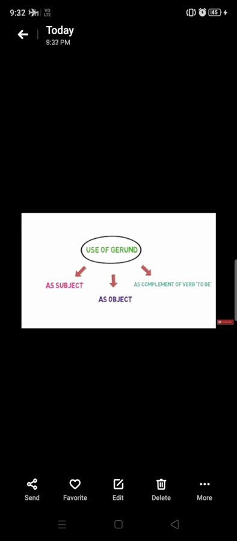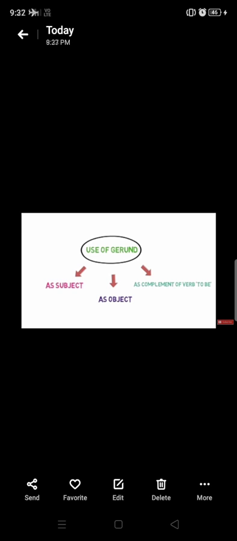Now there are three uses of a gerund. Gerund can be used in three ways. One is it can be used as a subject, it can be used as an object, and it can be used as complement of verb to be. Now here the verb to be, I told you what is the form of be.